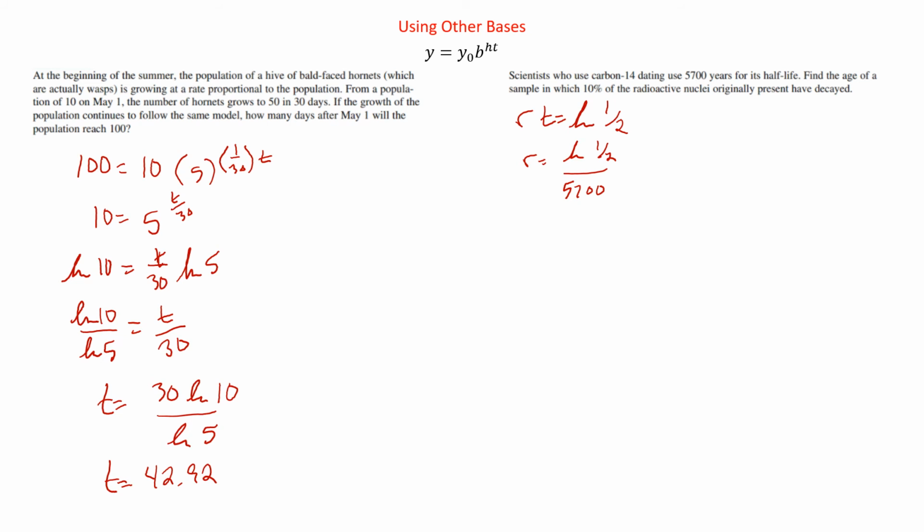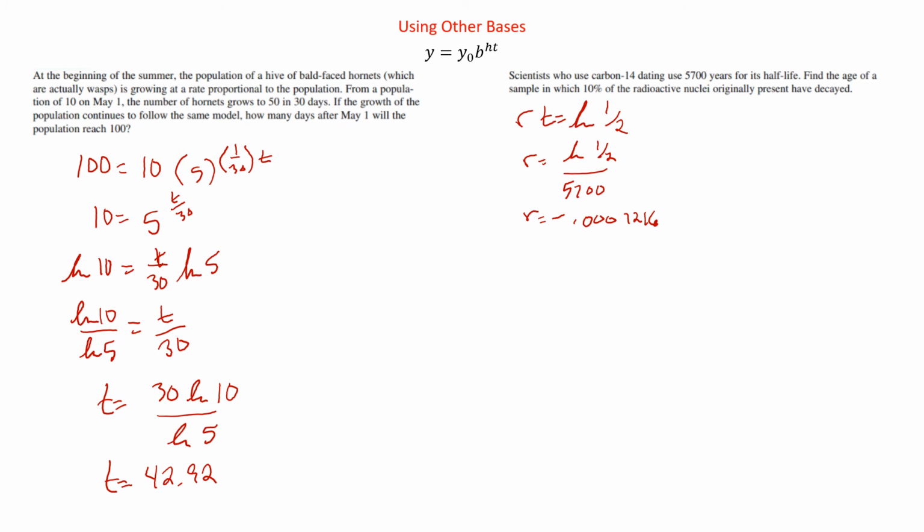So natural log of 0.5 divided by 5700 is like negative 1.21 times e to the negative 4. So r is going to be small, negative 0.0001216. But remember, I'm going to use whatever's in the calculator there. So now we can set up our problem.